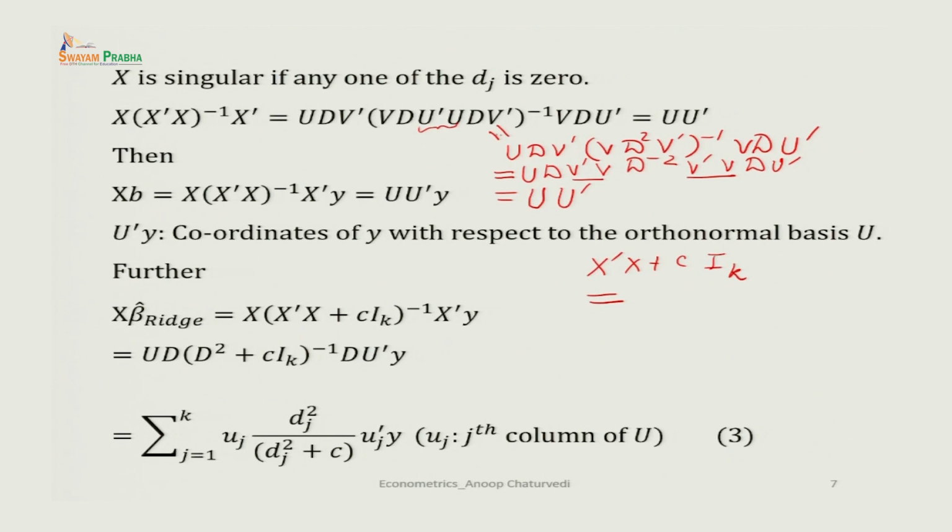We get X transpose X equal to V D square V transpose plus c, you can write I_k equal to V V transpose.